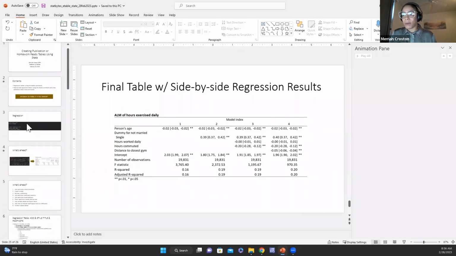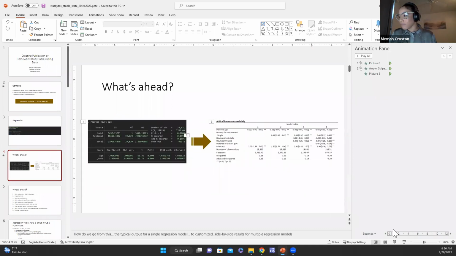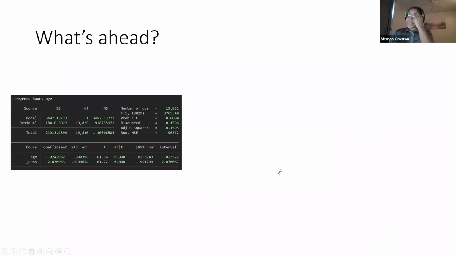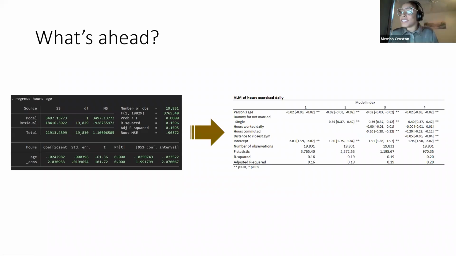But let's revisit that actually. So we went from, for those who missed the initial slides, what's on the left side, the standard display of a single model in Stata, to the right side. That's what we're able to do and more.